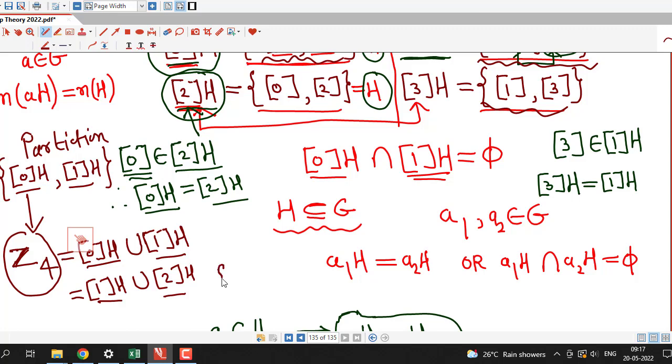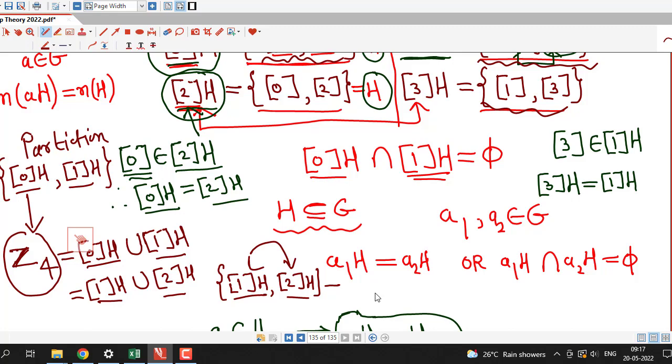Similarly, if we consider this set 1H and 2H, then this is another partition of Z4. If we take the union of these two, we obtain Z4, and these two are disjoint.